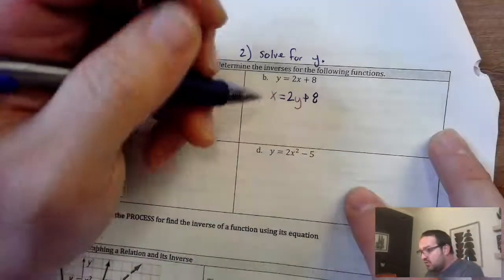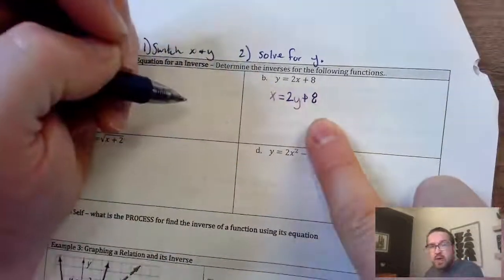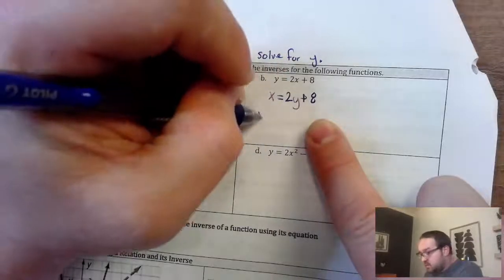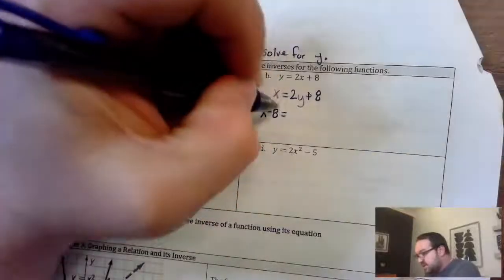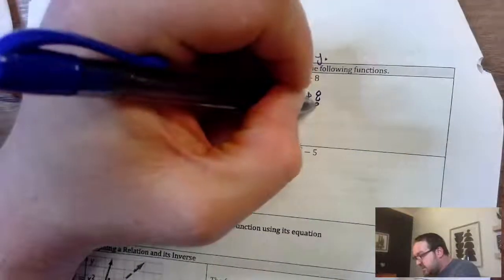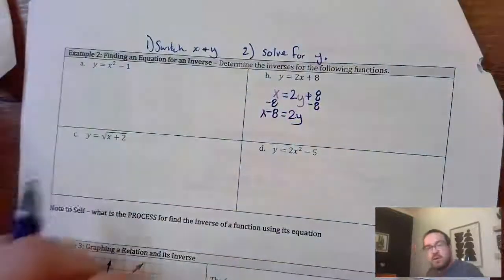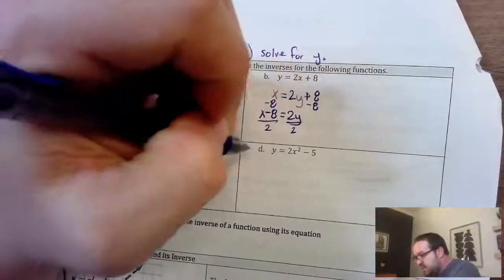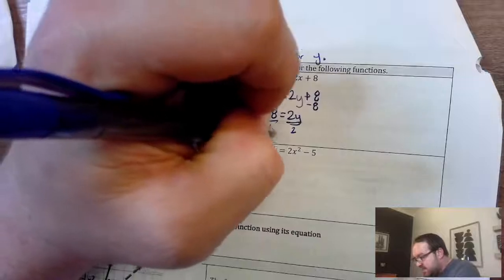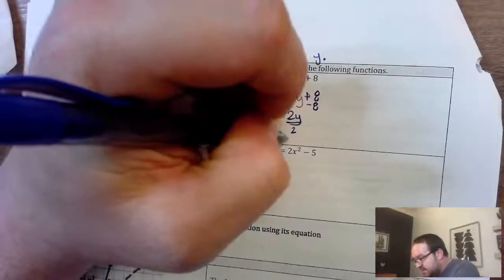So I need to get y by itself. I'm going to move the 8 over. I'm going to subtract 8 from both sides here. And that gives me 2y equals x minus 8. I'm going to divide by 2. And there's a lot of forms that you could take with this. (x minus 8) over 2 is an acceptable answer. That's one of them.